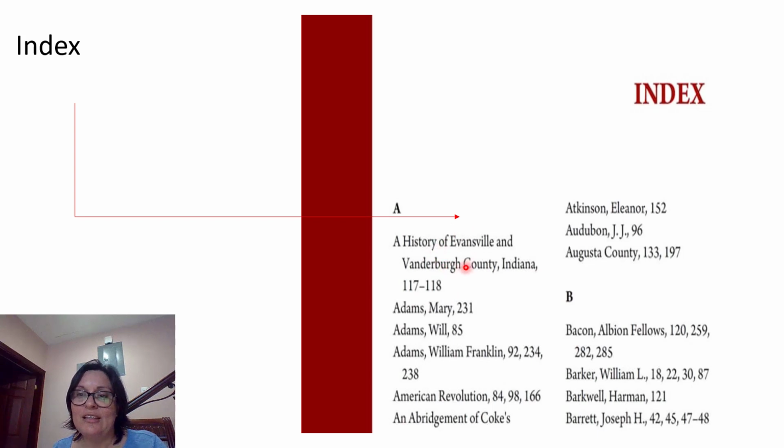On what pages does this book talk about that? 117 and 118. So the index is for you to find specific information about a specific topic in the book.